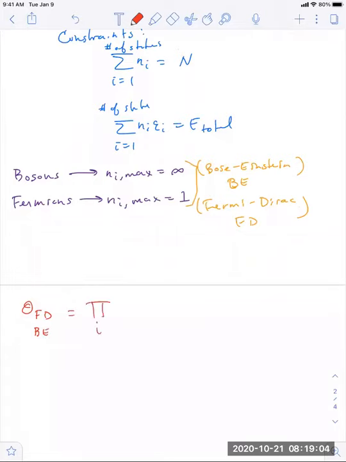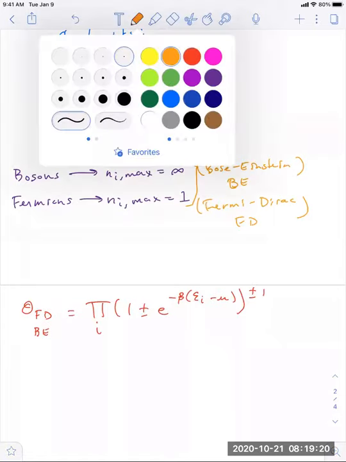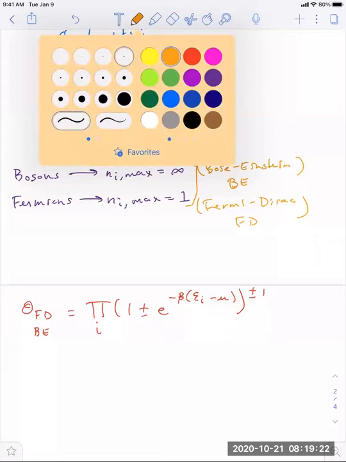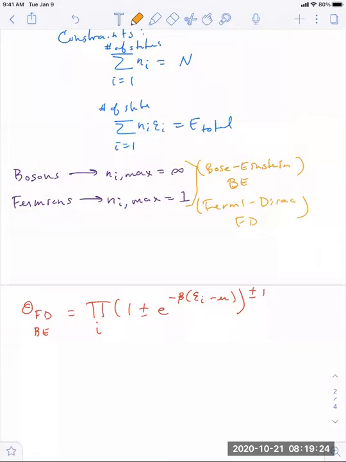So it's the product over all states i of 1 plus or minus the exponential of minus beta times the energy of that state minus the chemical potential, raised to the power of plus or minus 1. And so in this general expression, for fermions we use the plus, and for bosons we use the minus.